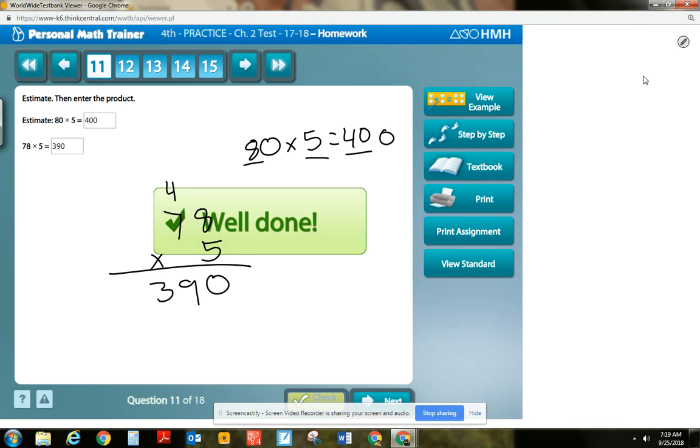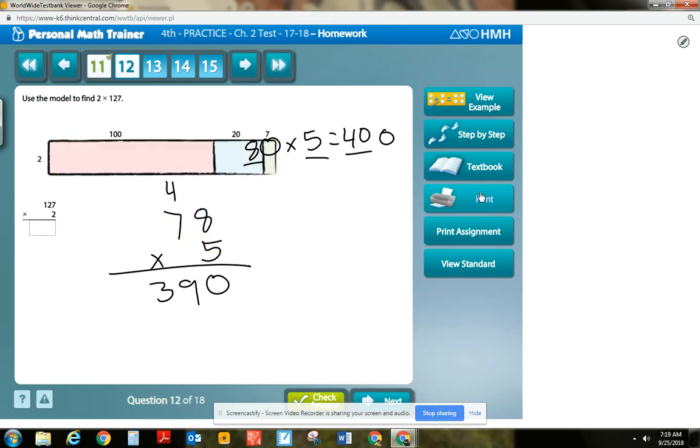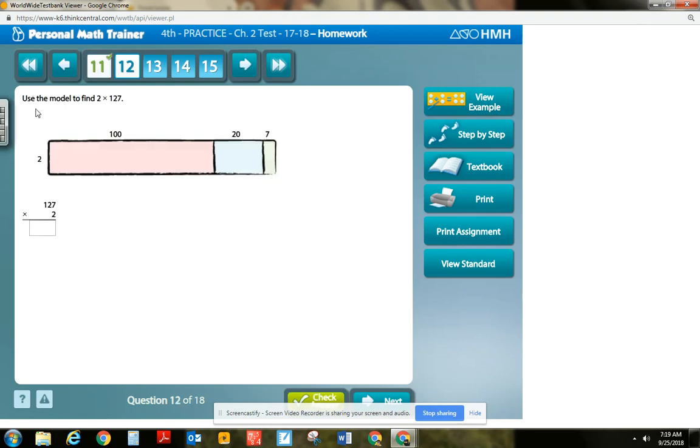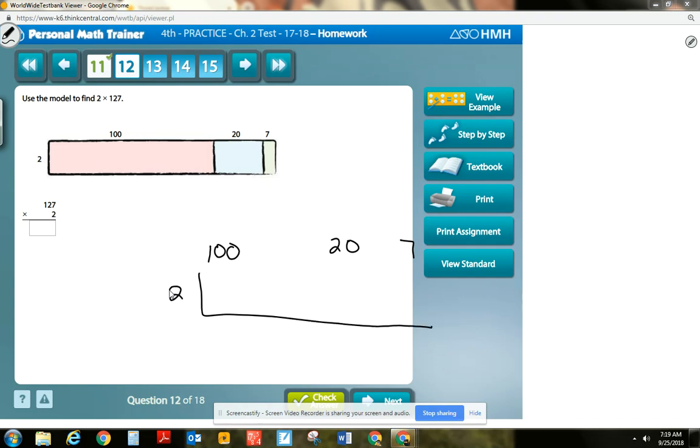All right, one more problem, and then we'll turn it off for now. Use the model to find 2 times 127. So I really like this. However, you can't write on your screen like I can, so you're going to have to rewrite it by expanded form. So here we go. I'm getting pretty good at this. It's really going to help us out in Chapter 3 also, looking at our numbers with expanded form.